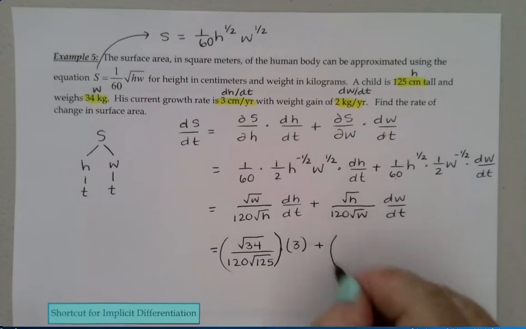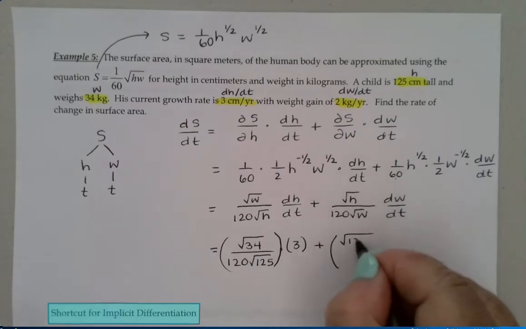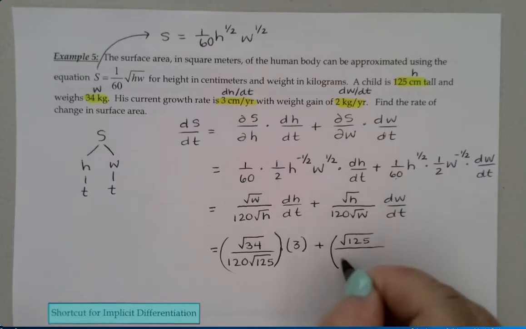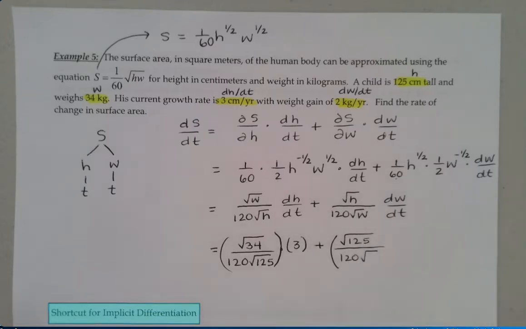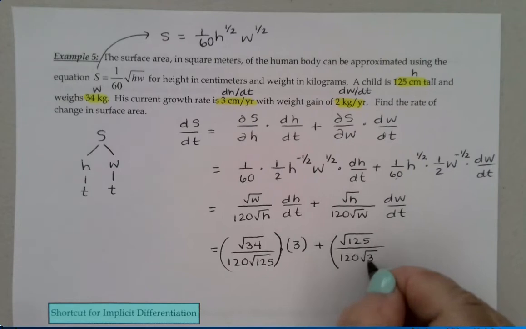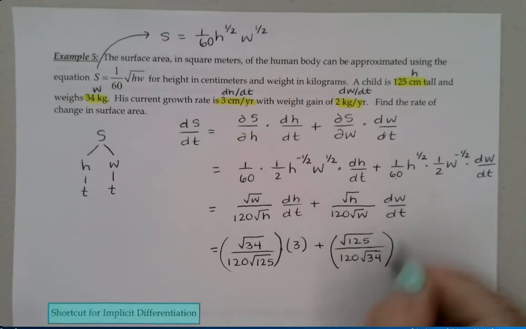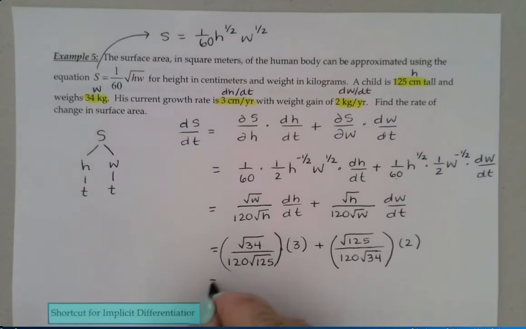And the second one, square root of H, square root of 125, over 120 square root of W, which was 34, and that's times the dW/dt, which is 2. And you're just going to grab your calculation device and figure out what that is.